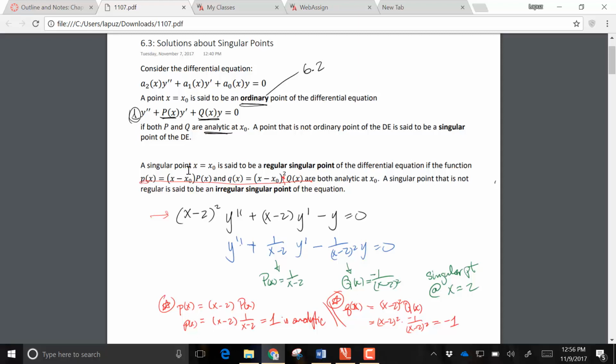And if you multiply your capital P by x minus x naught, and it's still not analytic, which means it still would have a 0 in the denominator, then that is an irregular singular point. And at this point, for the rest of the class, we won't have anything to do with that because we're not going to be able to solve it using power series. So we can only deal with regular singular points.